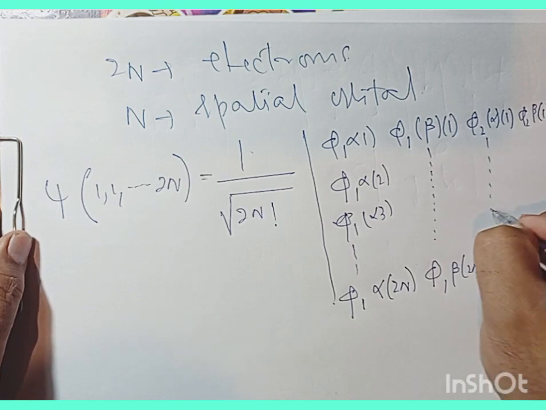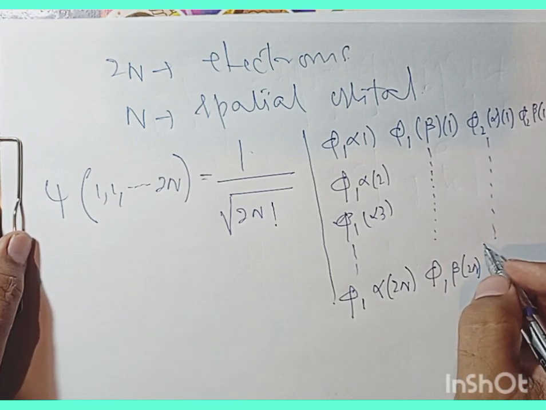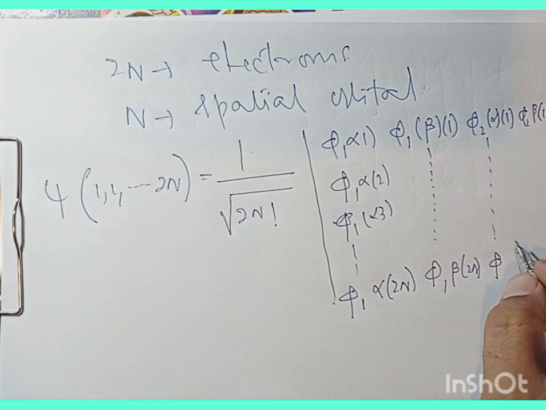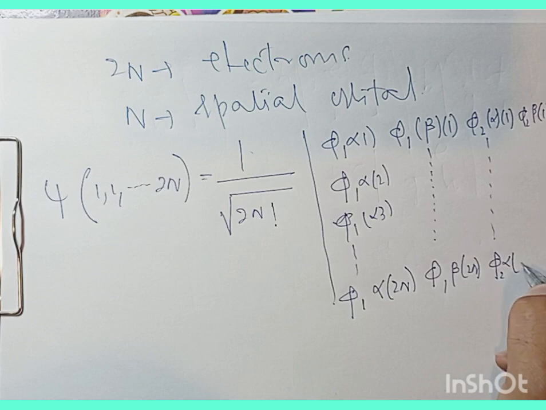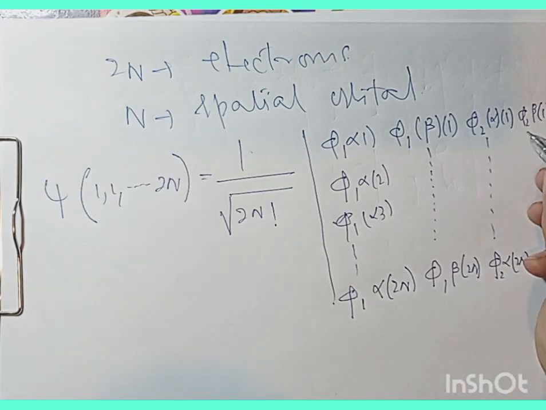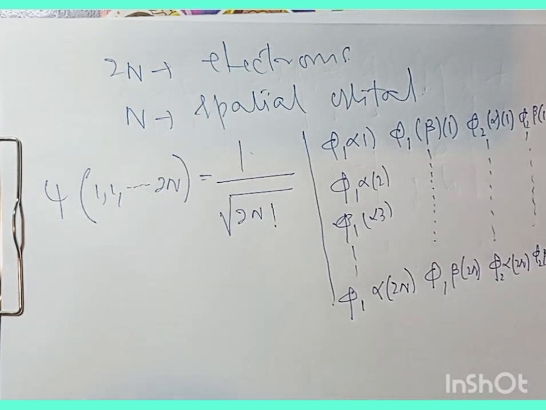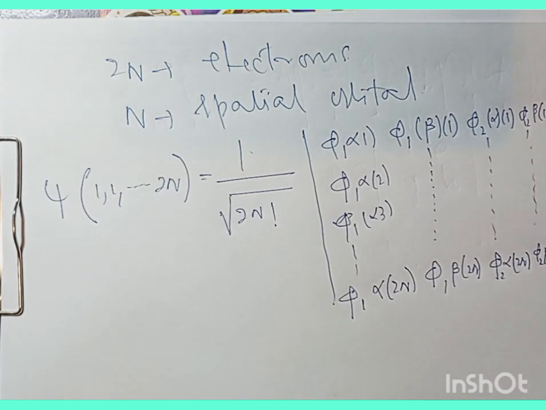And this will reach phi 2 alpha 2n. And this will reach phi 2 beta 2n. And this will go on like this, and we can have the final term.